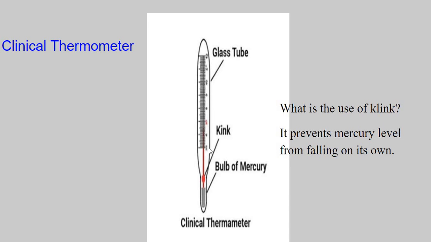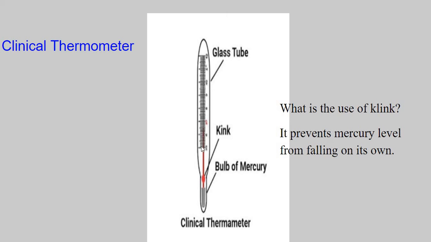Here you can see so many small lines. How will you measure your temperature with the help of these small lines? I told you it's usually expressed in degrees Celsius in a clinical thermometer.